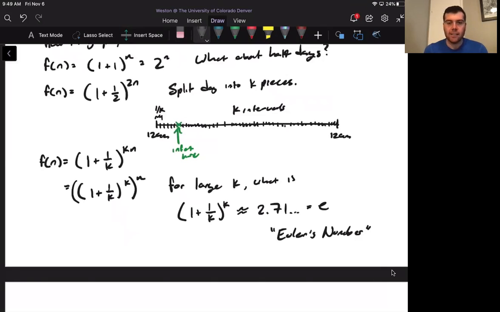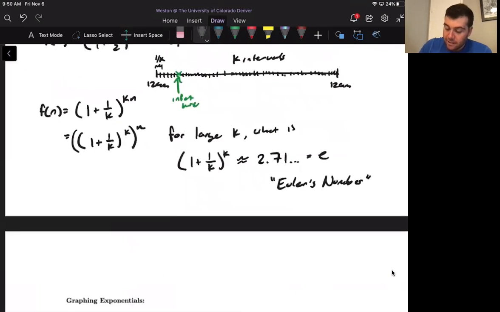He was looking at things whose change is directly equal to the size that they are, and he found that there's this nice number e that captures it. So we replace our model with f(n) = e^n to say how many people are infected on each day. And that's that.